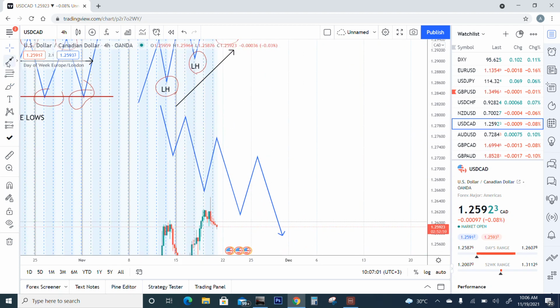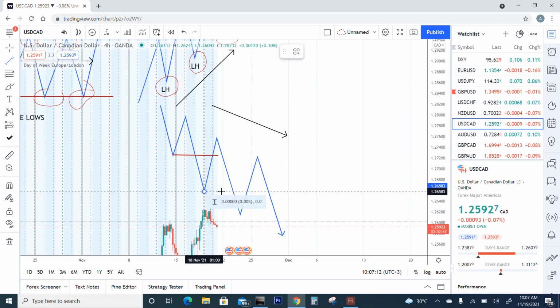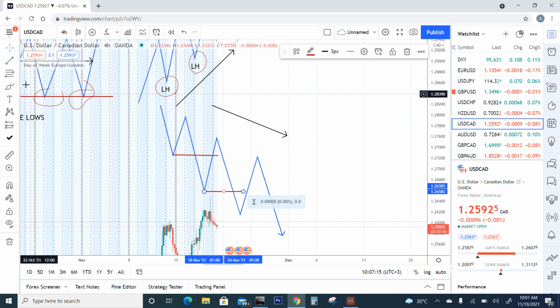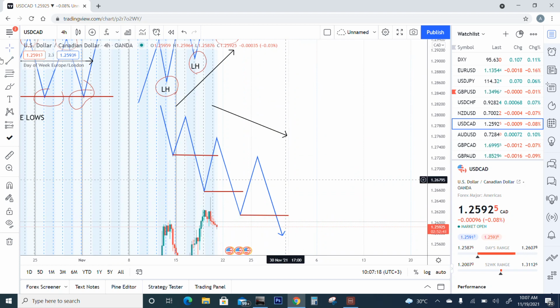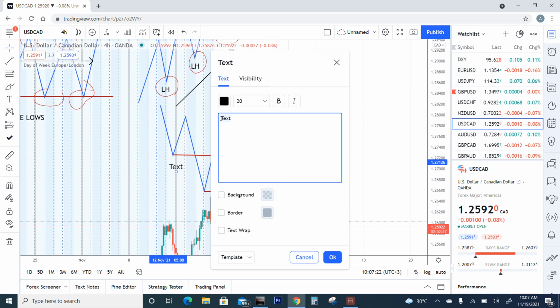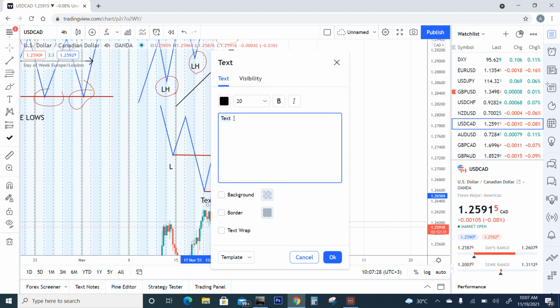Similar aspects apply when the market is going down, but it's the reverse. As the market is going down, it's making new lows. We call them lower lows. So this will be the first low, then we're gonna have a lower low.